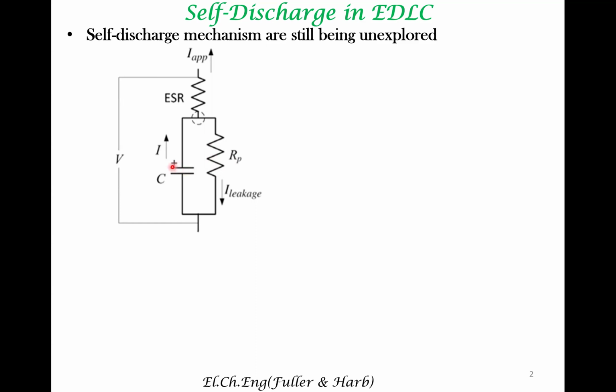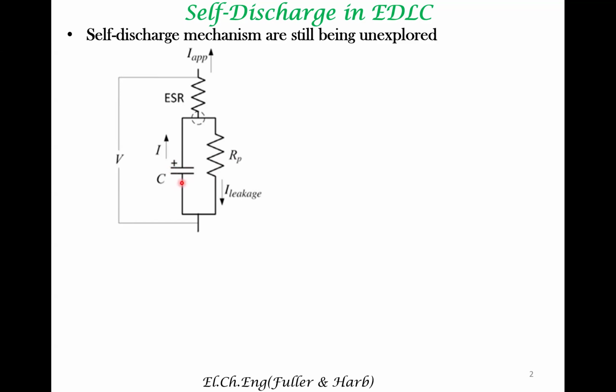That is, even when the capacitor is under open circuit condition, there is a decrease in voltage. That is because of the leakage. So this circuit element, that is this resistor, is in parallel to the capacitor.